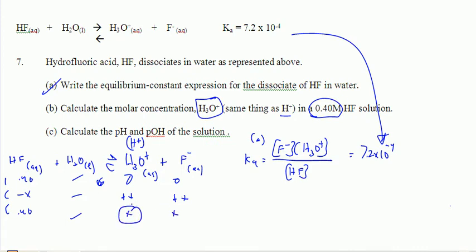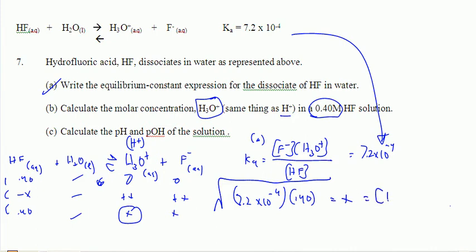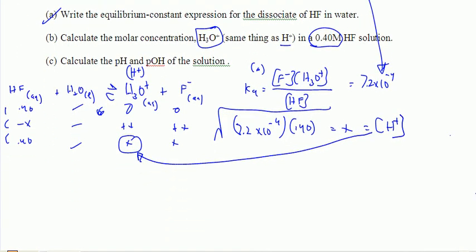So they're asking us to solve for X. So 7.2 times 10 to the negative fourth multiplied by 0.40, square root of that equals X, which equals the concentration of H plus right there. Calculate the pH and the pOH. Alright, great problem. This is the answer to B. C, well, we know this relationship, pH plus pOH equals 14.